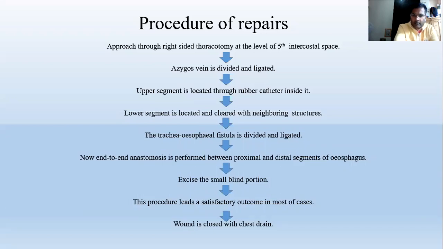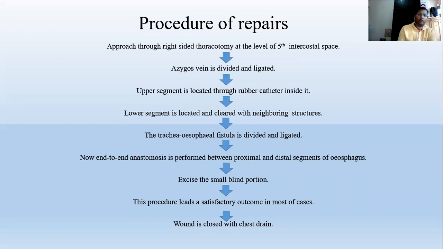if it has a fistula with the trachea, then you have to first fix that fistula. Means you have to first divide both, separate them surgically, the trachea and esophagus, and then first repair the trachea, and then repair that part of the esophagus.